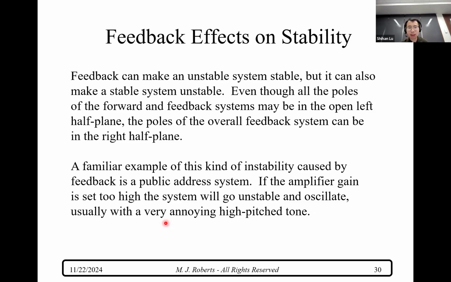When the amplifier gain is set too high, the system will go unstable and keep oscillating for its bounded input. Because when we talk to the microphone, the input is always bounded, usually between -1 and +1. But because the amplifier gain, the feedback gain, is not set properly, the amplifying system goes unstable and generates those annoying high-pitched sounds.